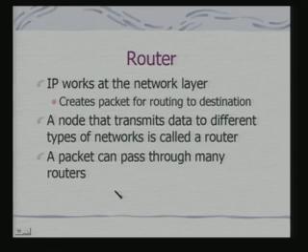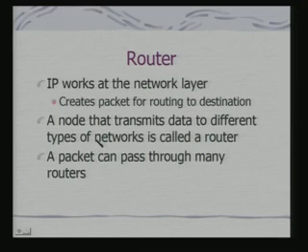The Internet protocol is basically implemented through a router when you are connecting two distinct networks. And IP works at the network layer. At the network layer, the IP protocol creates packets for routing to the destination, and in fact, a node that transmits data to different types of networks is called a router. A router may not have top layer protocols implemented.